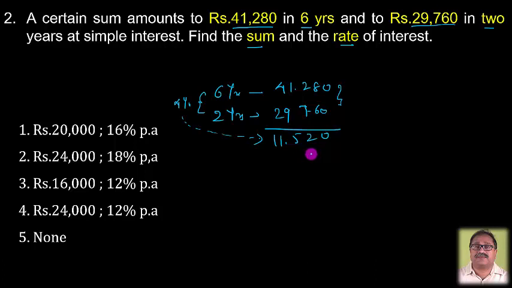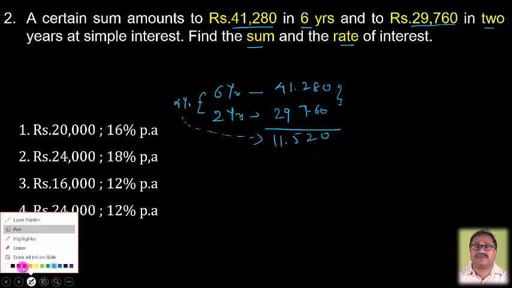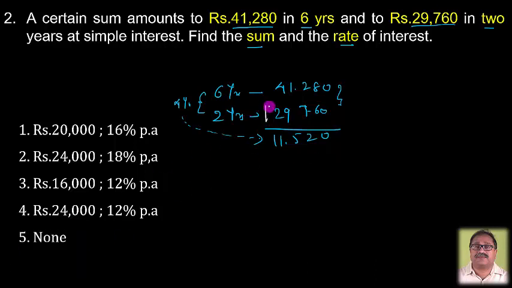So in order to find out the sum, I need to take out 2 years interest from this amount, because this is the amount after 2 years, or I need to take out 6 years interest from this amount. Let's work out. I will calculate the 2 years interest and I will subtract it from 29,760. I know 4 years interest is 11,520. Then how much will be 2 years interest?